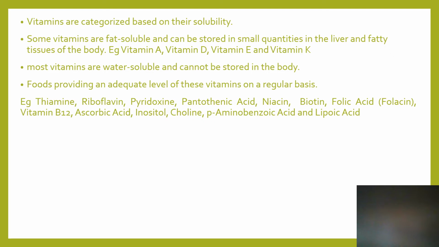Vitamins are categorized or grouped based on their solubility. Some vitamins are fat-soluble vitamins, and they can be stored in small quantities in the liver and the fatty tissue of the body, because they are fat-soluble.